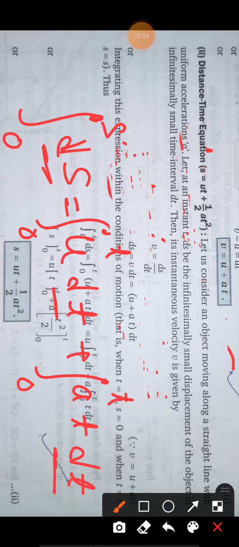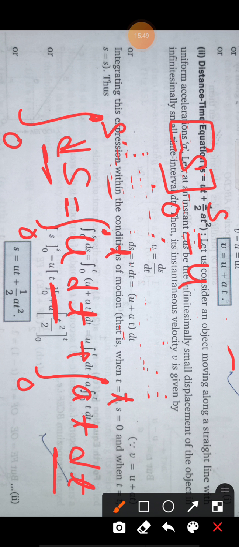What is the integration of ds? The integration of ds is s, with limit from 0 to s. Integration of u dt: u is a constant quantity with respect to t, because we are integrating with respect to dt. Obviously the initial velocity is constant, so we only integrate dt.